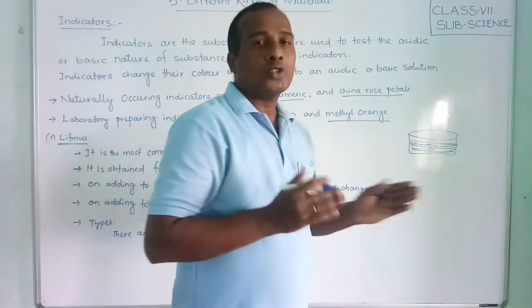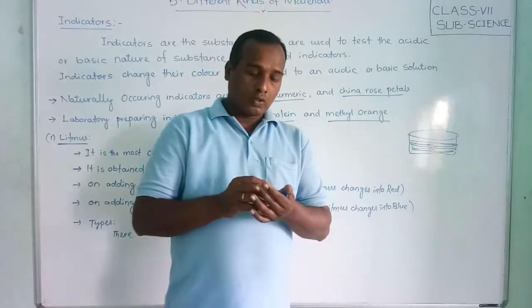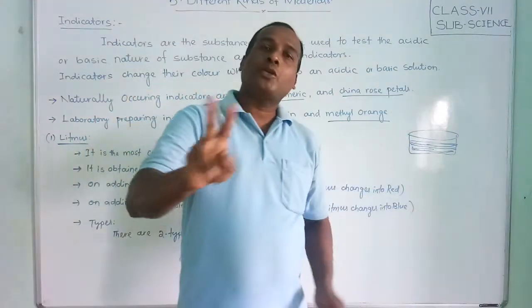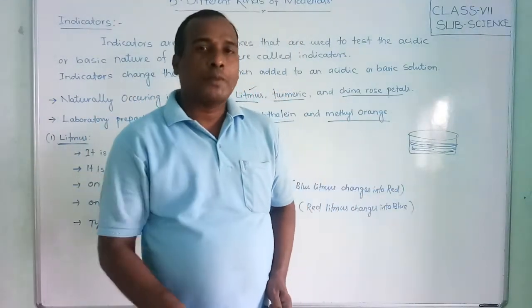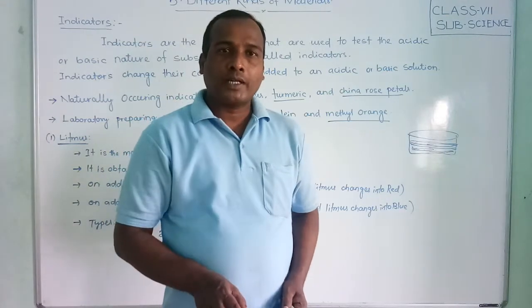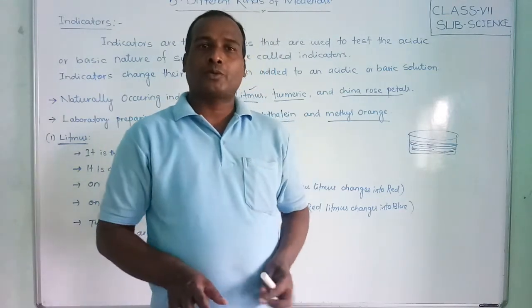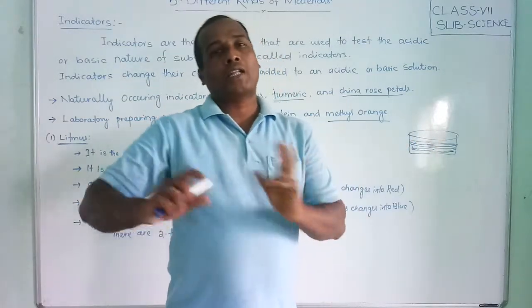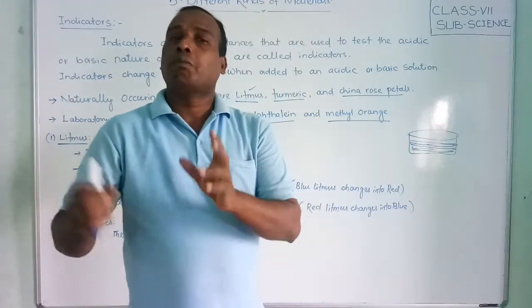This is an unknown solution. Okay. I want you to find out, so I gave two litmus papers. Red litmus paper I gave to one student, and blue litmus paper to another student.